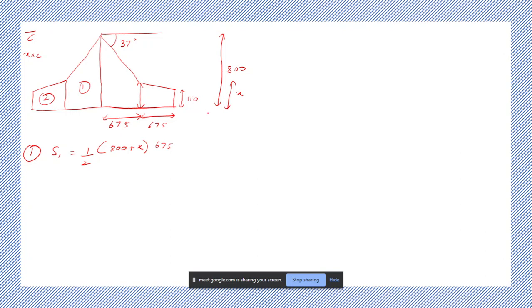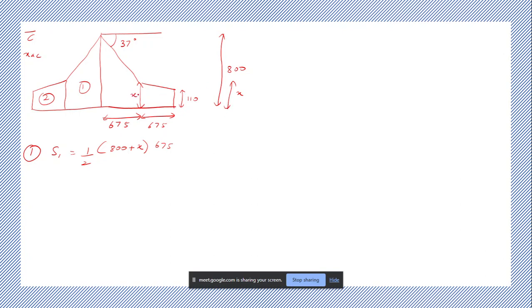Yes, it's 110. We have not calculated c yet, right? So we don't know what the value of c is. To calculate c bar, we need x. How do you find out x?